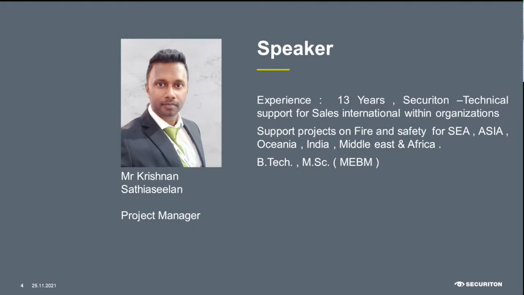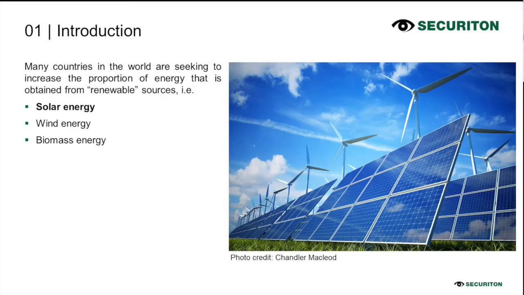Okay, so let's move into our presentation for today. We're talking about photovoltaic systems, which are a renewable energy. Renewable energy is energy derived from Earth's natural resources, and they are not finite, which means they are not limited and can be reused and renewed.